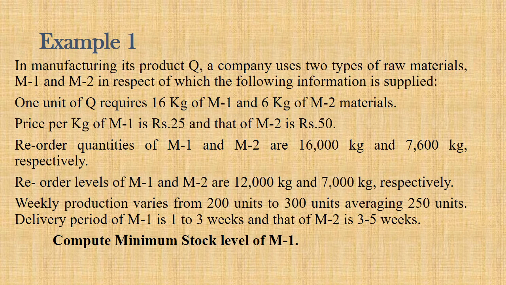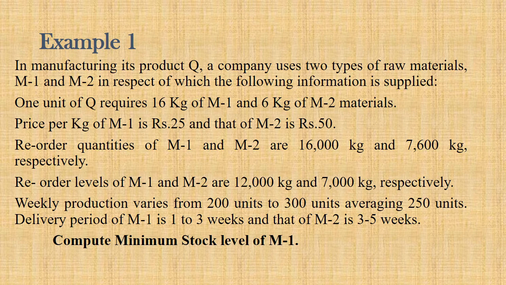The question here asks us to compute the minimum stock level of M1. M1 and M2 are two materials that are used to manufacture the product Q. And for 1 unit of Q, the material of M1 is 16 kg and that of M2 is 6 kg.